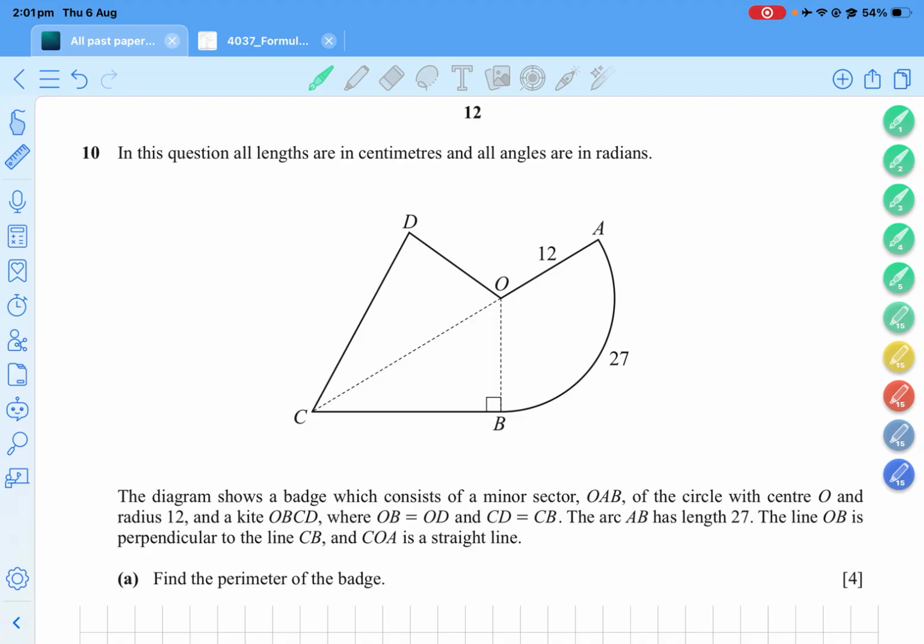OB equals OD, and CD equals CB. Arc AB has length 27. Line OB is perpendicular to CB and COA is a straight line. What is the perimeter of the badge?